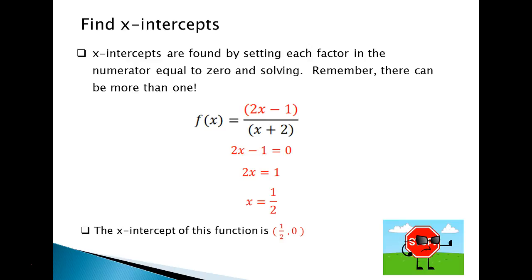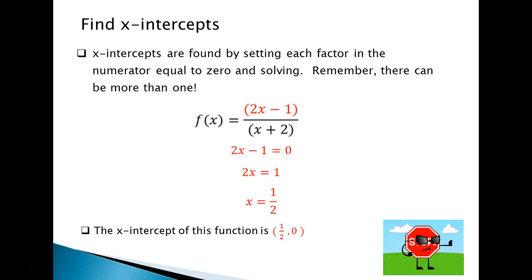Now we're going to find the x-intercepts. Now x-intercepts are found where y is equal to 0. The only way our function can be equal to 0 is if the numerator is equal to 0. So we will take the numerator, set it equal to 0, and solve for the variable.